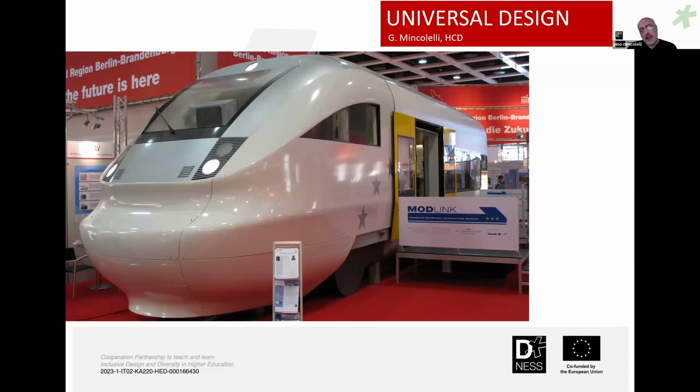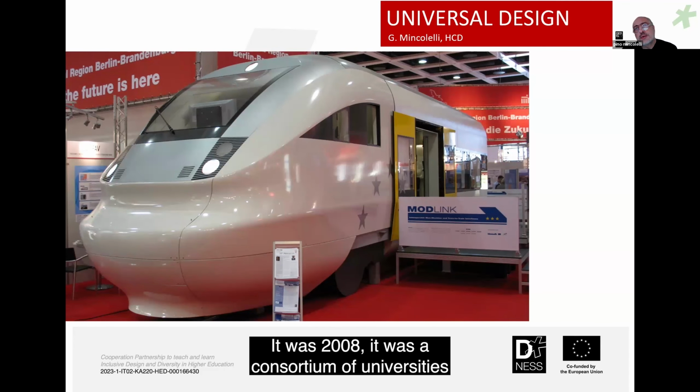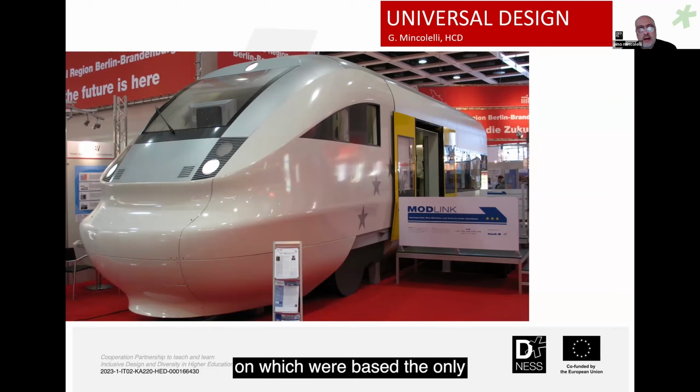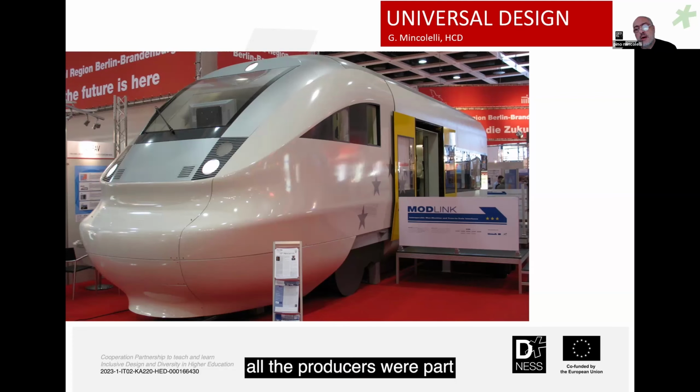Okay, I'll give you an example of something that I've done. It was in 2008. It was a consortium of universities and industries that defined the layout of the new European trains, on which were based all the trains used all over Europe during this period, because all the producers were part of the group.